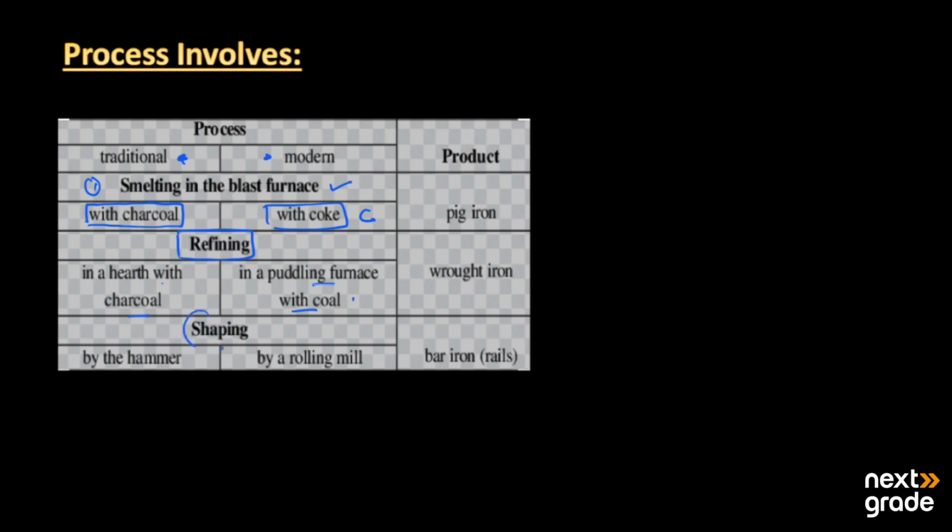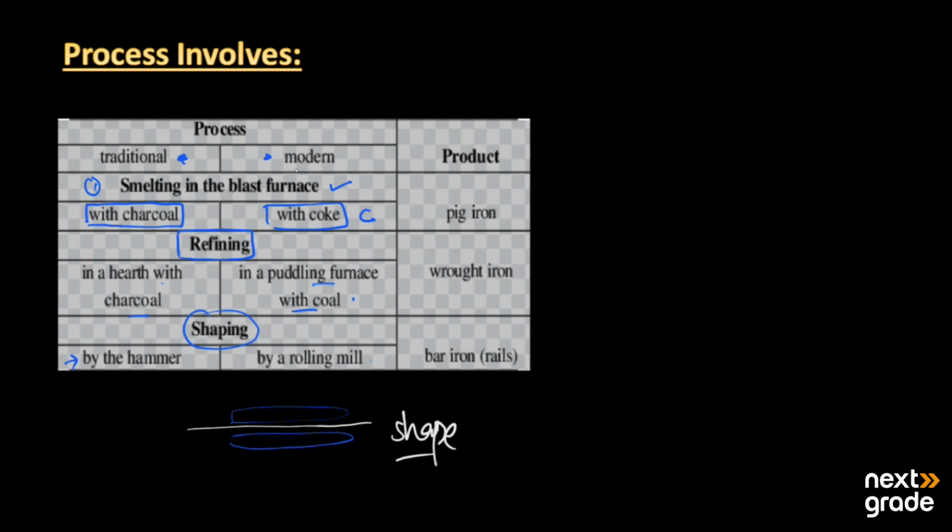And then we have the shaping. In the traditional, it was done by the use of a hammer, but in the modern techniques, it is done with the help of rolling mills. For example, here we have the roller mills, and in between these roller mills, we pass the iron to give it a specific type of shape.